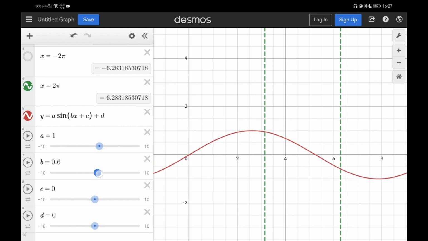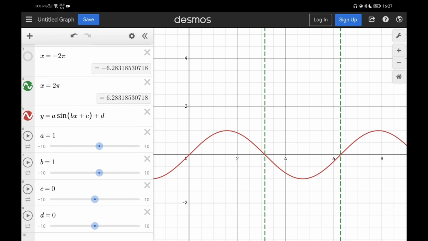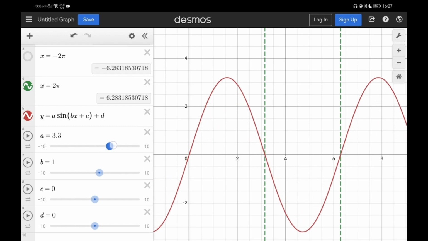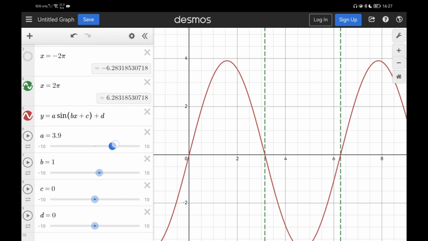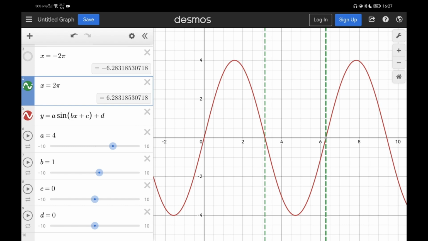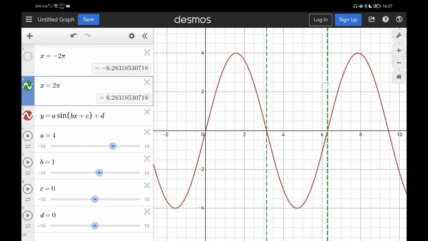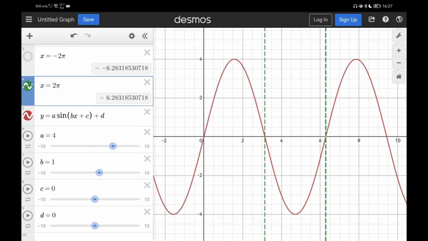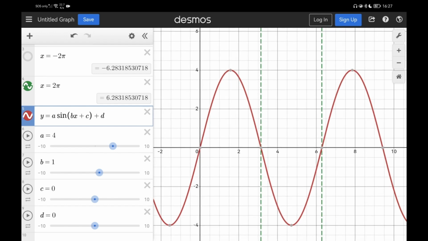So now let's visualize the stretching. Let's change the a from 1, let's say I change it to 4. As you can see, if you multiply the ordinary sine function by 4, the amplitude changes to 4 times the original amplitude.